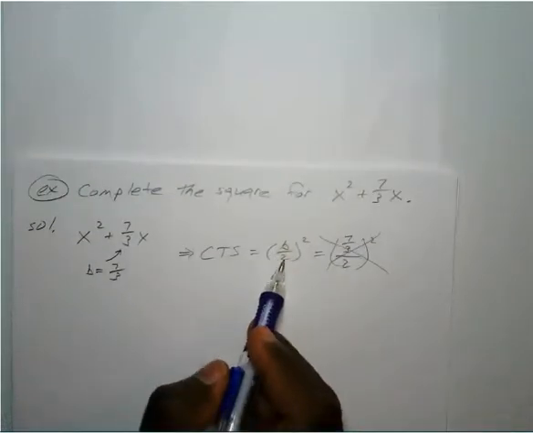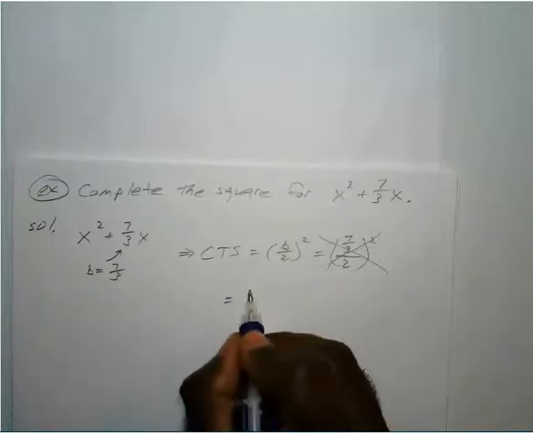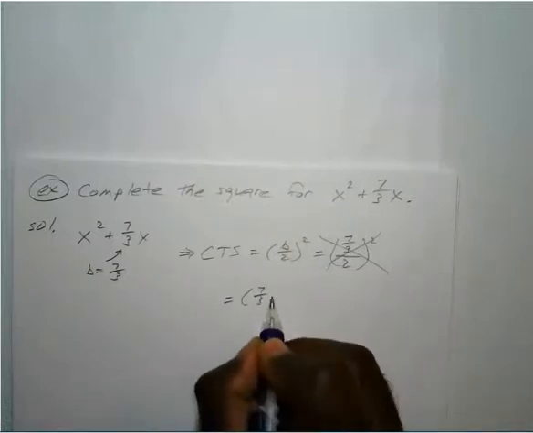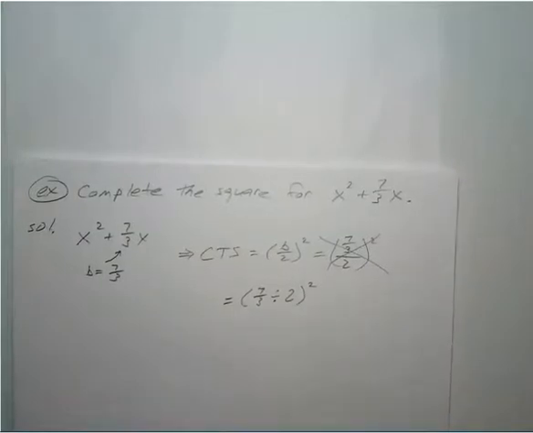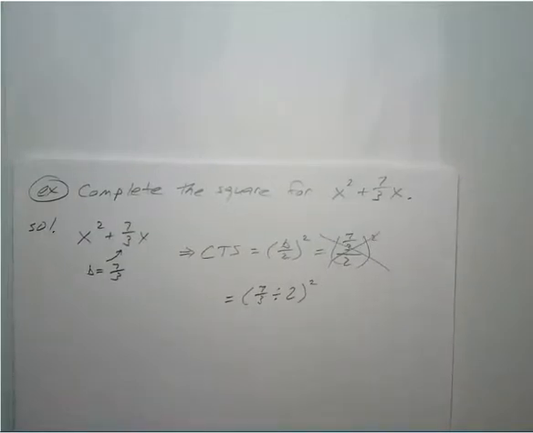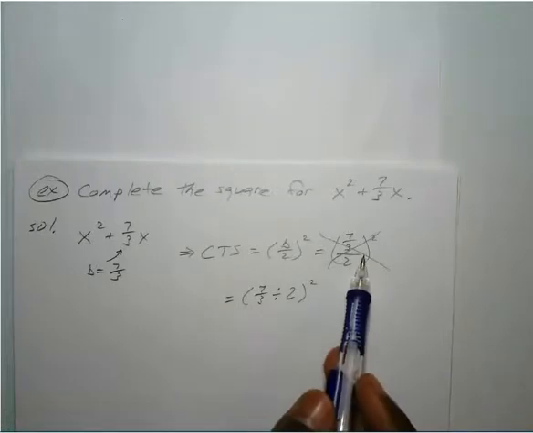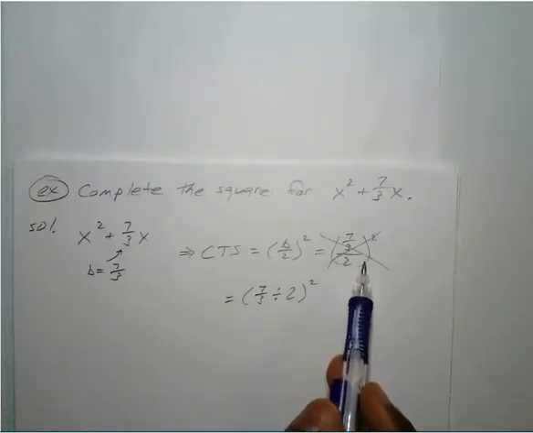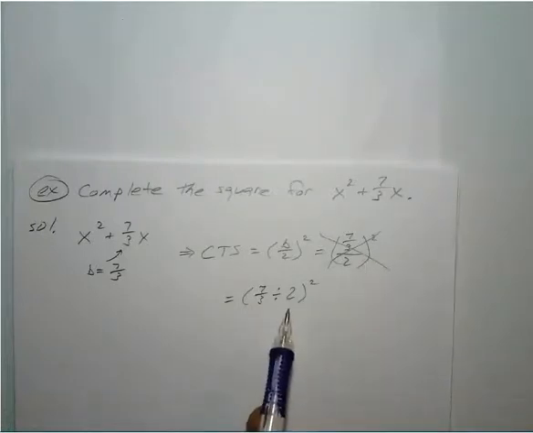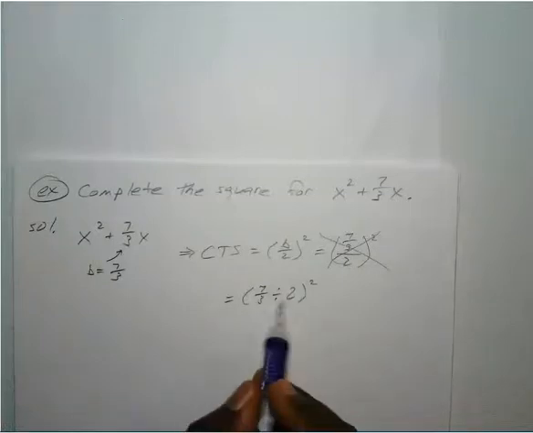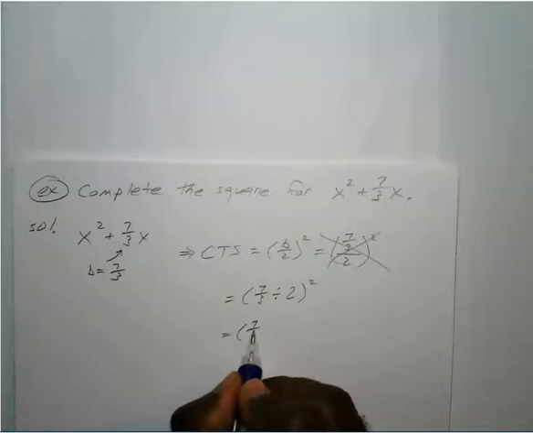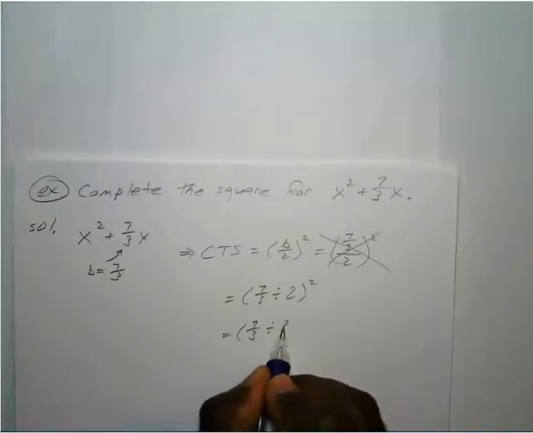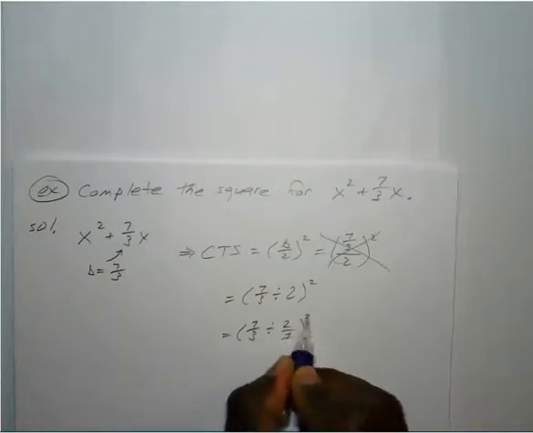So b divided by 2, I write it as 7 over 3 divided by 2, squared. You can do it the other way if you're okay with it and it won't confuse you, but this is how I do it because it's a little bit clearer. And the reason I do it this way is because you can write it as 7 over 3 divided by 2 over 1, squared.